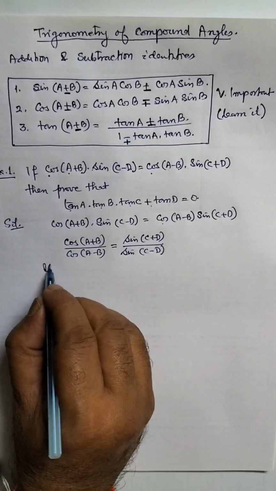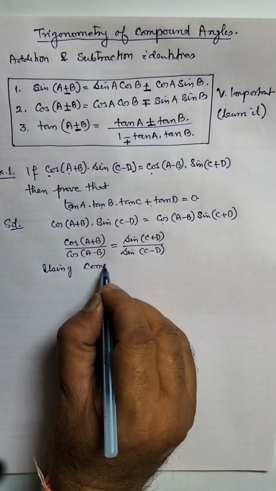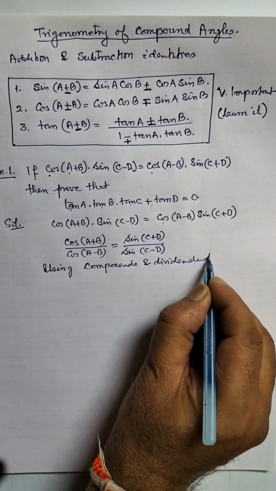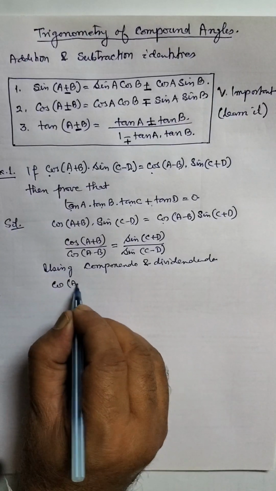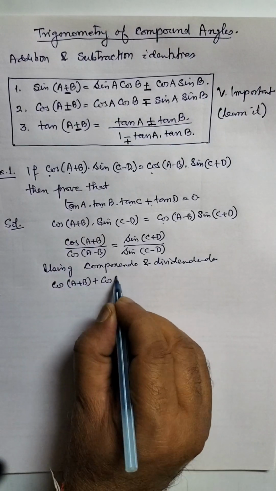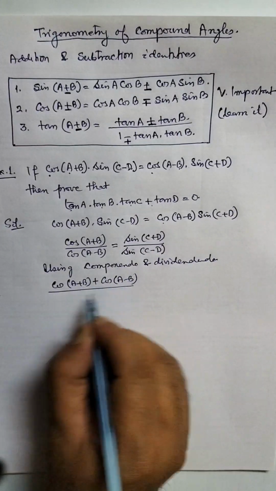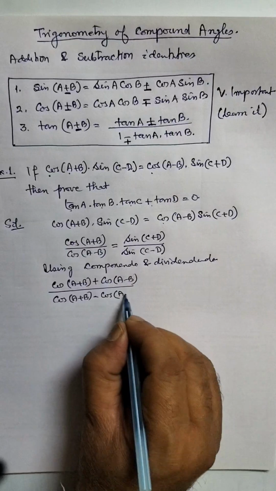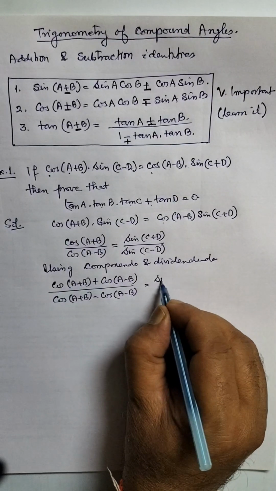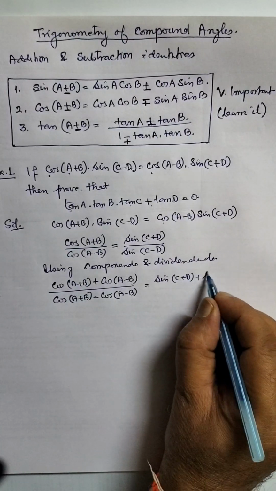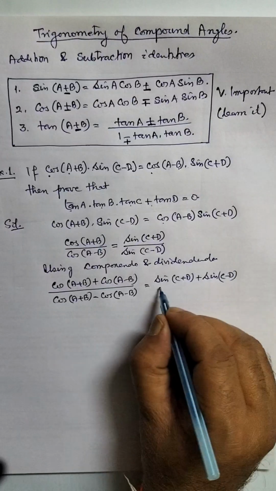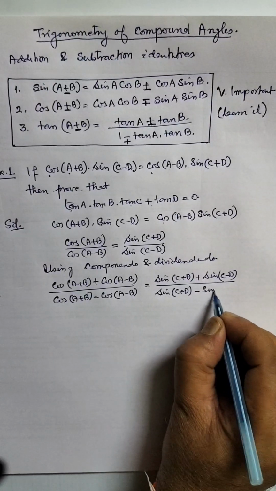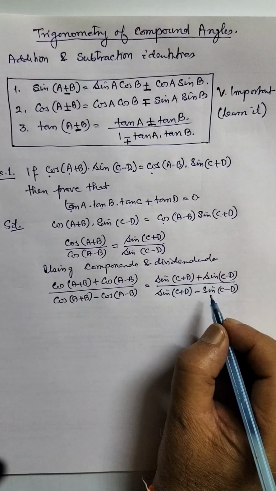Now using a property, componendo and dividendo, we will have cos of A plus B plus cos of A minus B upon cos of A plus B minus cos of A minus B is equal to sin of C plus D plus sin of C minus D upon sin of C plus D minus sin of C minus D. This is the property of componendo dividendo.